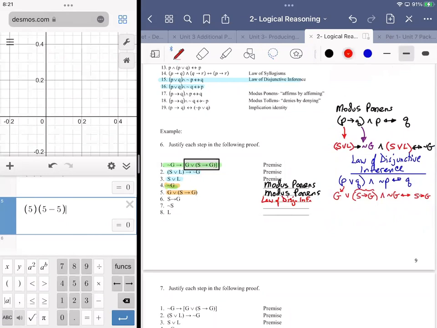So we know that not G is a true statement. We also know S implies G is a true statement.